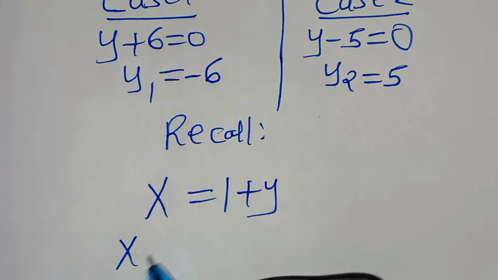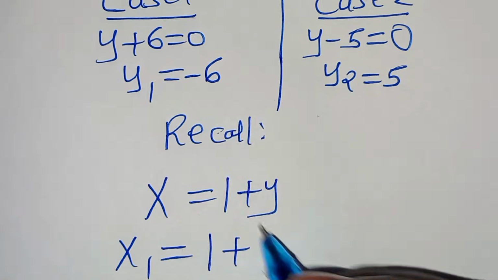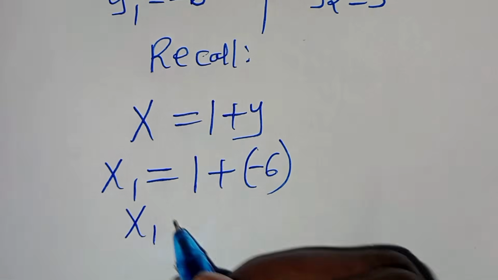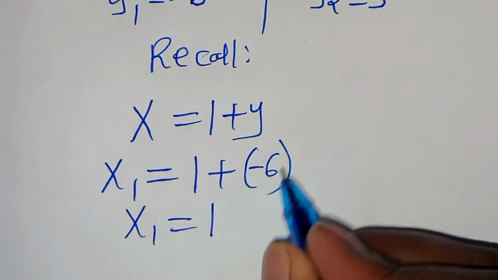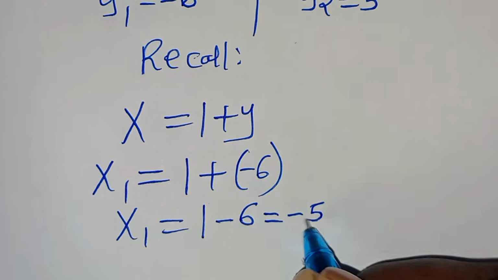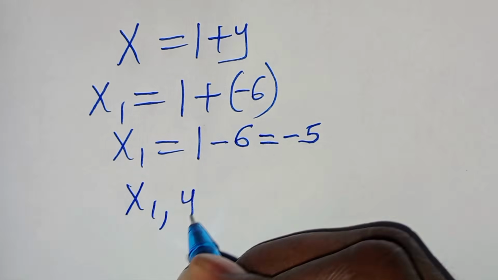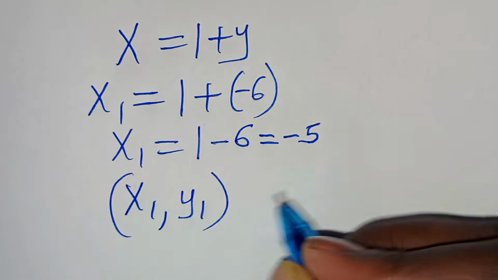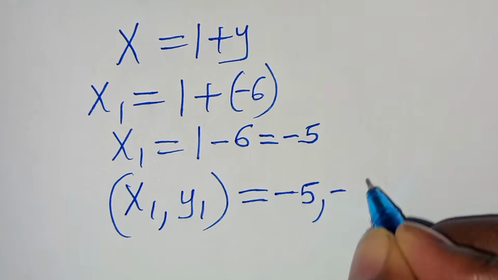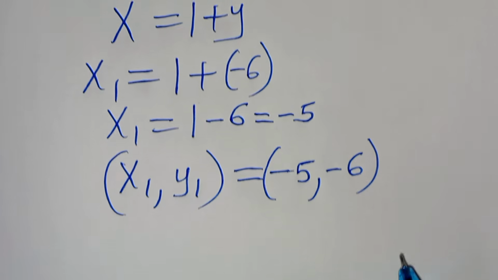So let's solve for x1. x1 is 1 plus y, which is minus 6. So x1 is equal to 1 plus minus 6, which is negative 5. So we have x1, y1 equal to negative 5, negative 6. This is the first set of solution that we have.